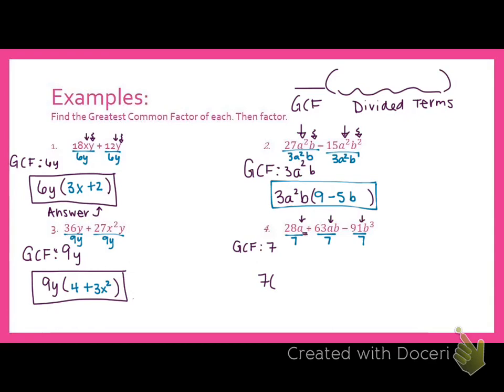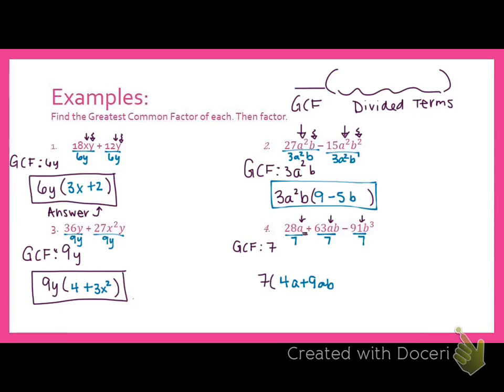And Connor, what's 28a divided by 7? 4a. Good. And what's 63ab divided by 7? 9ab, not just b, but 9ab.